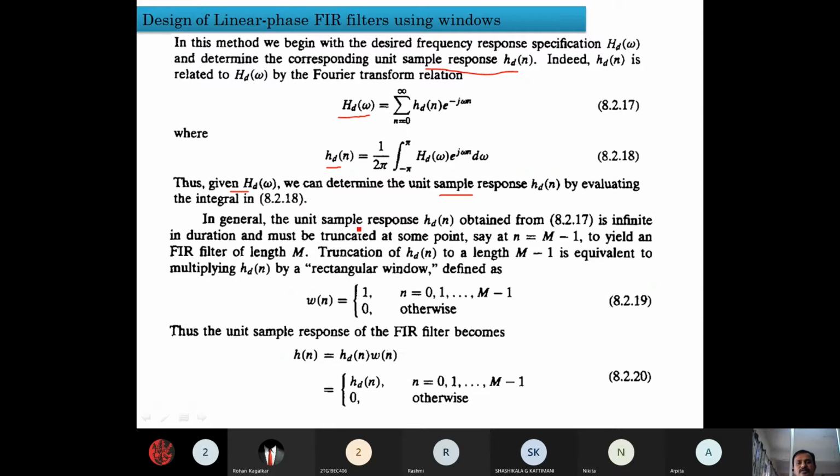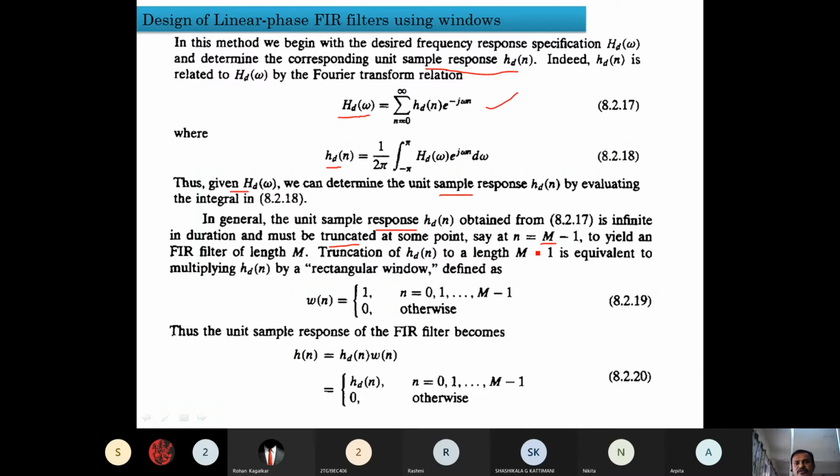In general, the unit sample response HD of n obtained from the frequency response is infinite in duration and must be truncated at some point, say at n equal to a particular point.